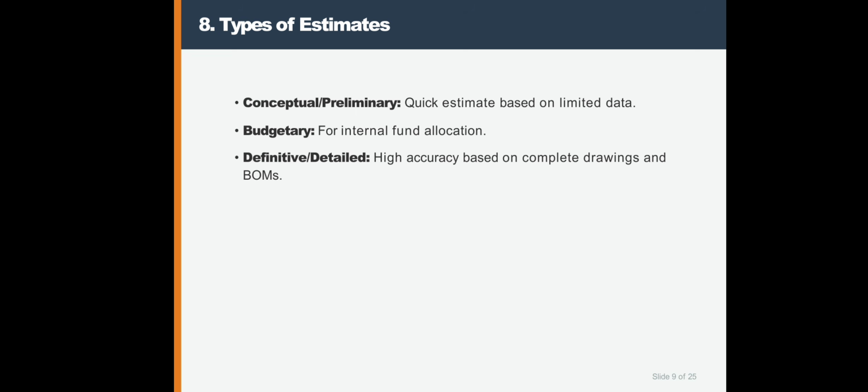It means high accuracy based on complete drawings and BOMs. Here are the three types of estimation, included for the manufacturing process, process planning activities and the cost estimation process.